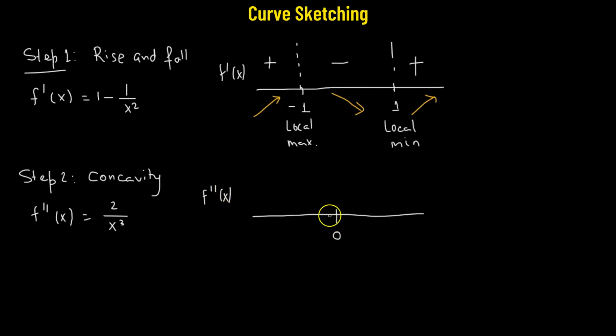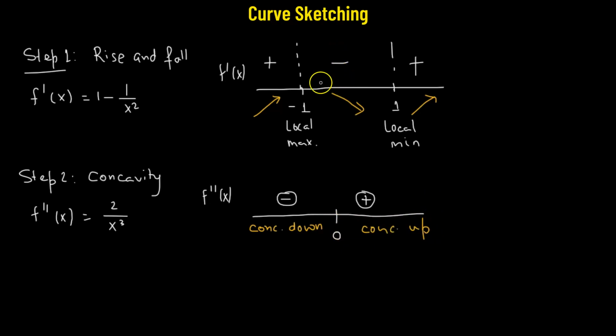For values of x less than 0, x is negative here, so we'll have a negative sign. For values greater than 0, we have positive values, so 2 over a positive x cubed will be positive. So for values of x less than 0, we have concave down. For values of x greater than 0, we have concave up.